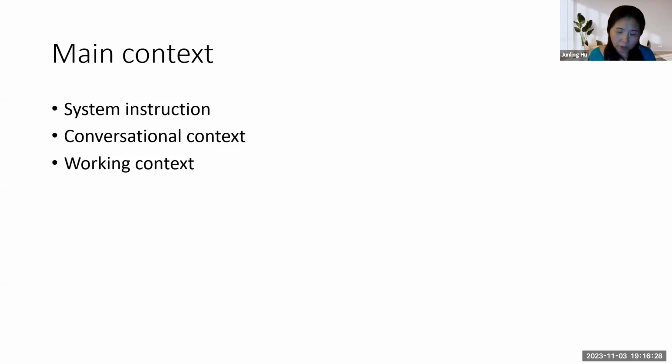You say use the historical documents from Wikipedia, or use this document I uploaded here. So that's a conversational context. You have instruction, and you have context. Then you have a working context. The working context could be the current things you want to discuss. It could be a location, a person, some query, some reference. So you have the target context you want the system to handle. So that's the three parts of the main context.